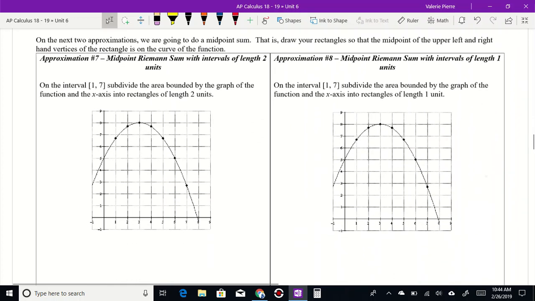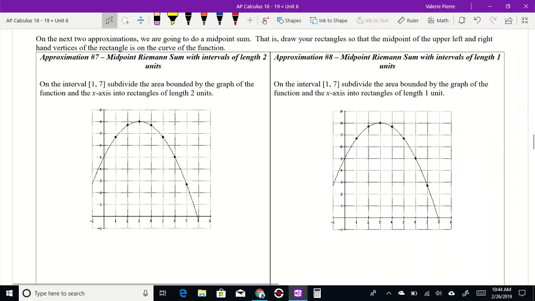So now we're going to look at a midpoint Riemann sum. Midpoint Riemann sum is fairly similar to the right and the left hand. You're still creating rectangles. Now the difference is that the midpoint of your rectangle is the point that's going to be on the curve, right?